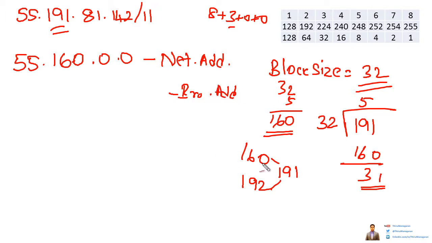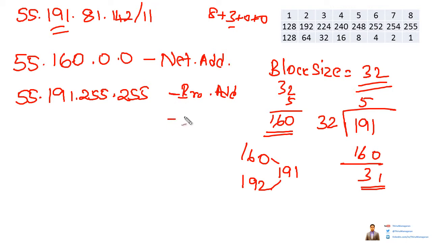The next block is 192, so it would be one less than that: 55.191.255.255. This is the broadcast address.